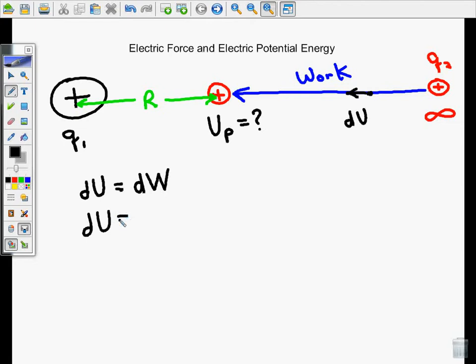And that little tiny change in potential energy would be equal to the amount of applied force it would take, F sub A, times a little incremental distance, dr. Work equals force times distance.